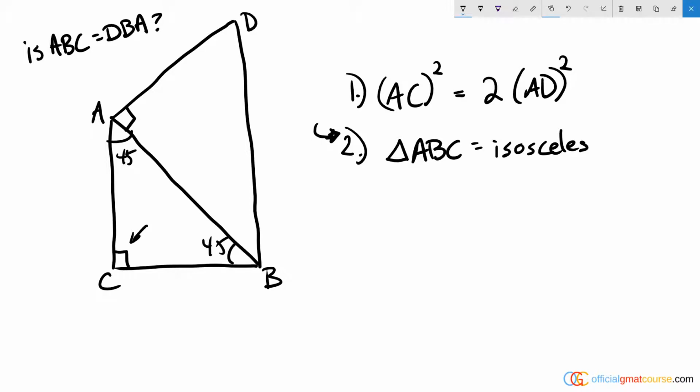Now, can I tell if this triangle is the same as the area of this triangle, if the areas match? Well, I don't know anything about how long this top line is, and technically it could go on for a very long time, and that would mean that it could be very large or it could be very short, and that would mean that we would get a very small area.